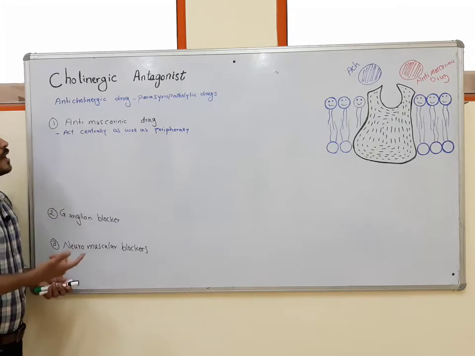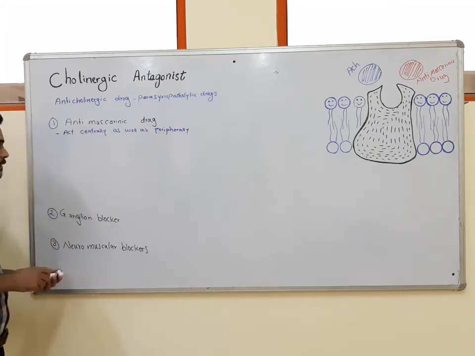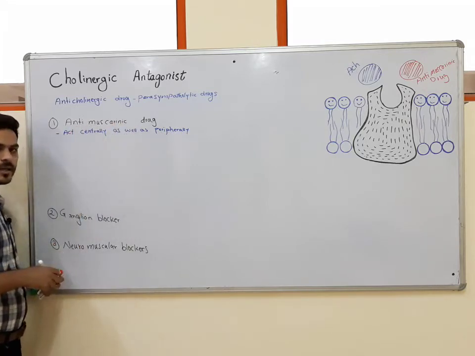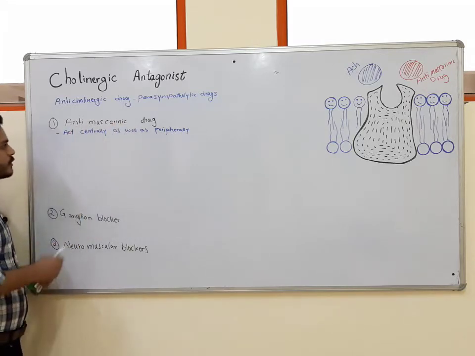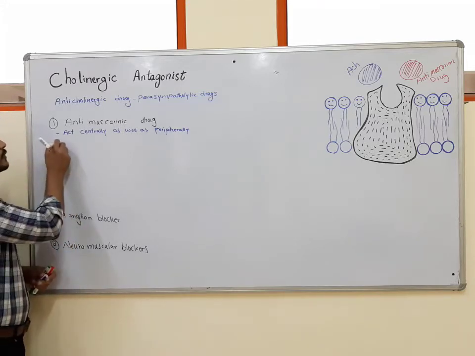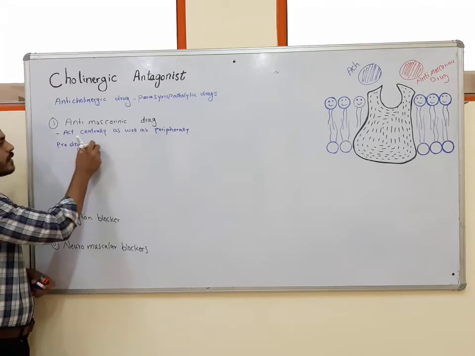The prototype in anti-muscarinic drugs is atropine. We will study the characteristics of anti-muscarinic drugs in atropine. So the prototype in this class is atropine.